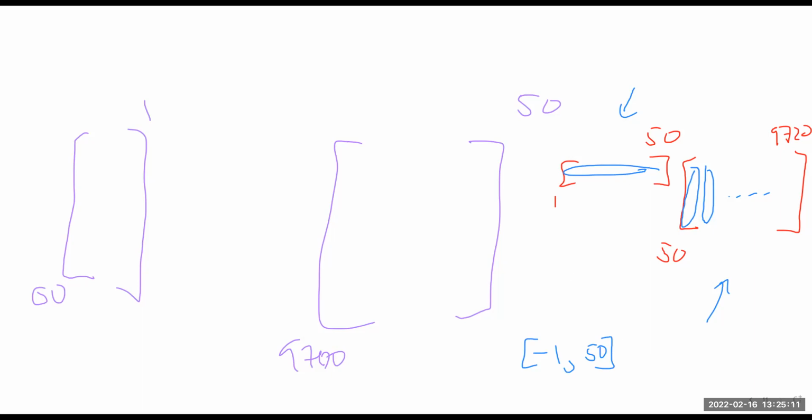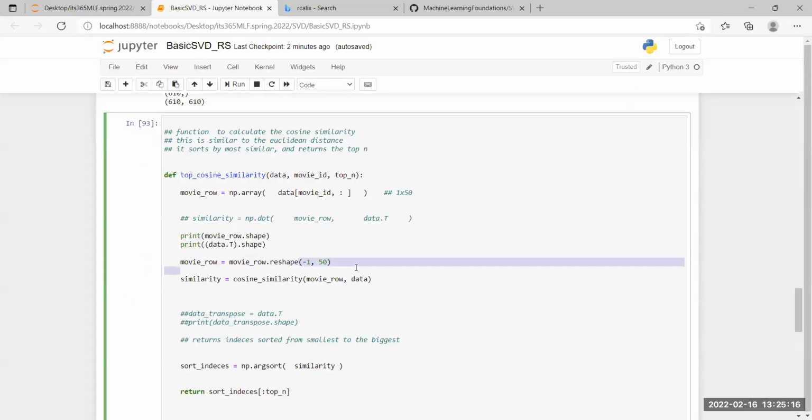I believe that's actually what I wrote in the code. Yeah, you can see that, -1, 50. So now I know for sure the columns is 50. So it's called a row vector as opposed to a column vector. You see at the -1, it just figures out that the value should be 1. And so then it has the dimensions correctly there. And then now it can do the similarity.